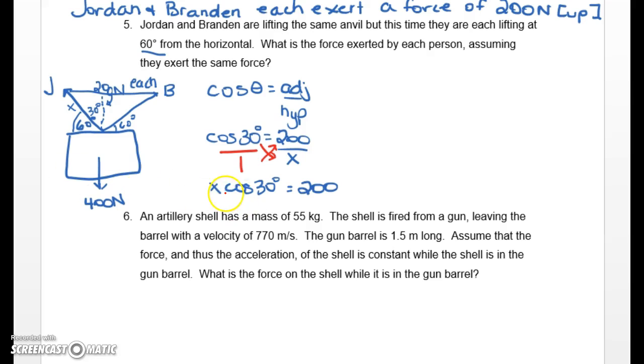Then we want to get rid of this value connected with x, so we're going to divide both sides by cosine of 30 degrees. Gets rid of that. And so what we have is x is equal to 200 over cosine of 30.